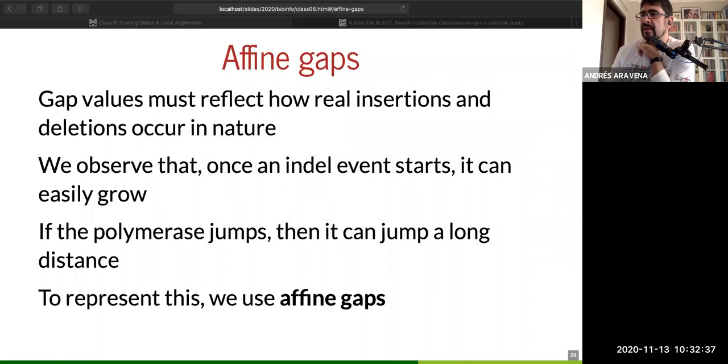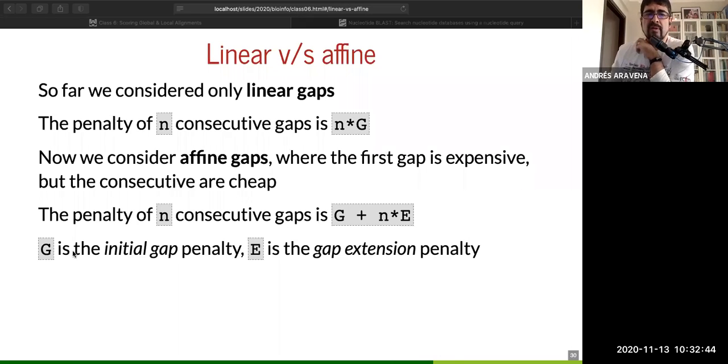The basic idea is that you have 2 values: the initial gap penalty, the price that you pay for opening a gap, and the extension penalty. This formula is called affine. If the cost depends only on the length of the gap, it is called linear.